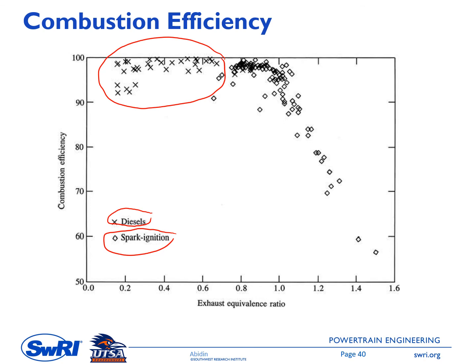Spark ignition engines usually operate at stoichiometric mixture as well as lean and rich mixtures. And you can see in here, when we have a rich mixture, the combustion efficiency drops, even down to 70% here. So from this data you can see that generally diesel engines have a better combustion efficiency than SI engines.